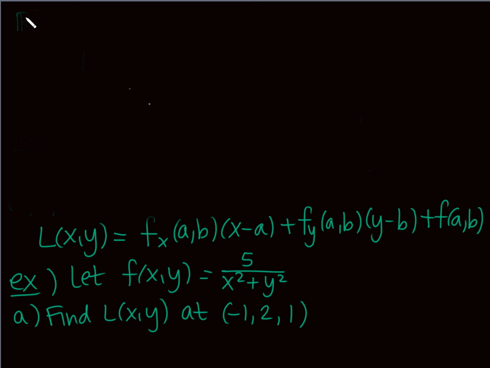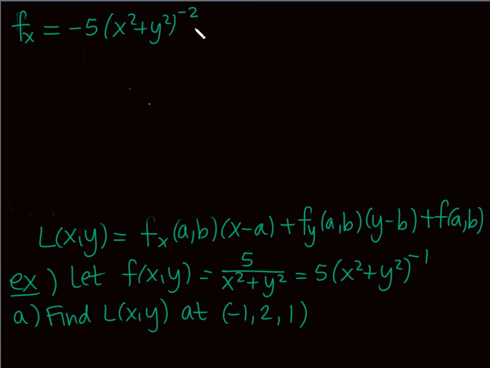All right, so what do I need? I know I need f sub x, right? So f sub x in this case, let's think of this as 5 times x squared plus y squared to the -1. I don't want to do quotient rule. So it's going to be -5 times x squared plus y squared to the -2 times 2x.